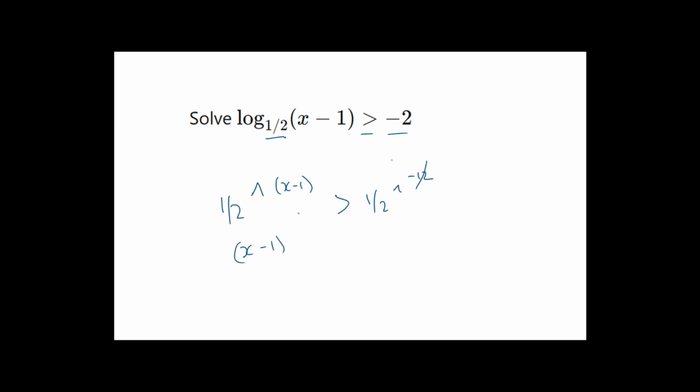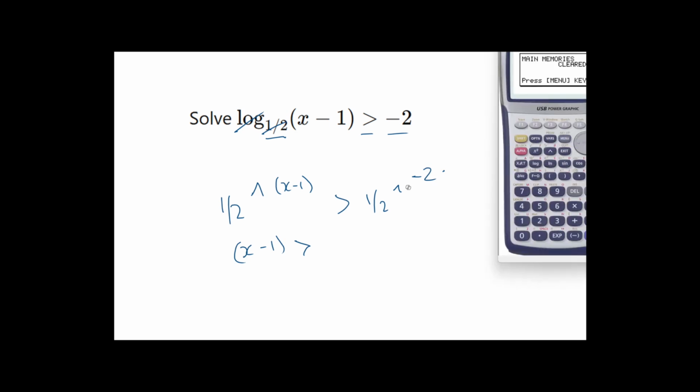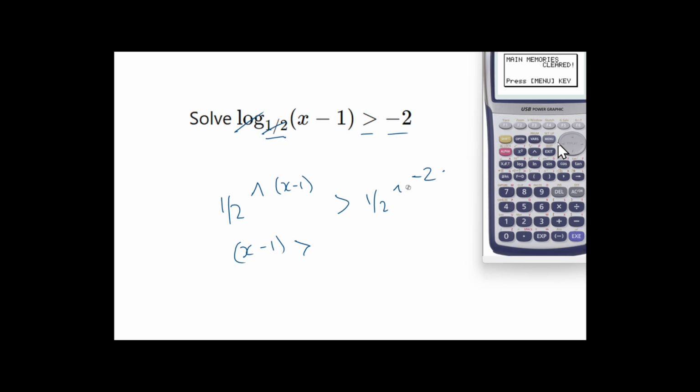So that's going to be x minus 1. That and that are going to cancel. Must be greater than, so half to the power of negative 2. I think it's going to be 4, isn't it? So 0.5 to the power of negative 2 is going to be 4, yes.